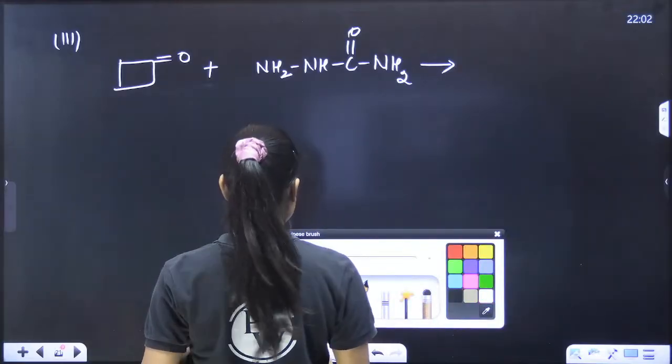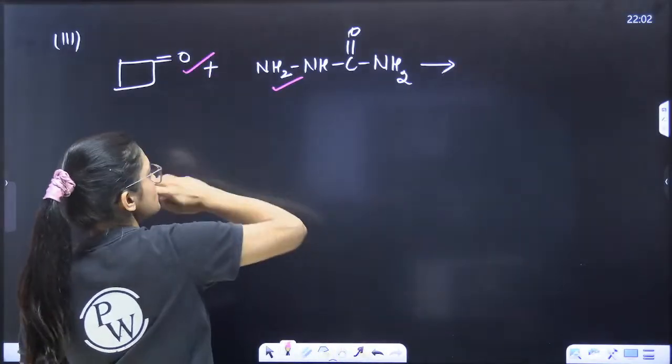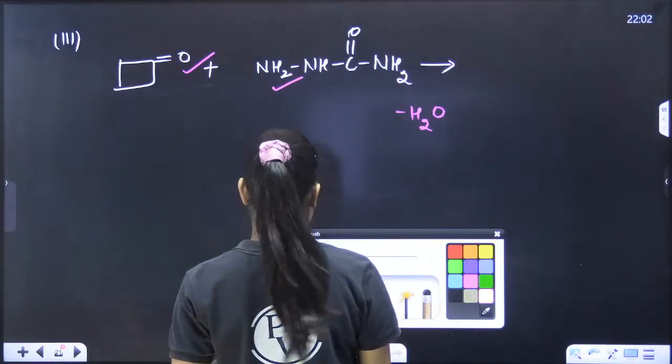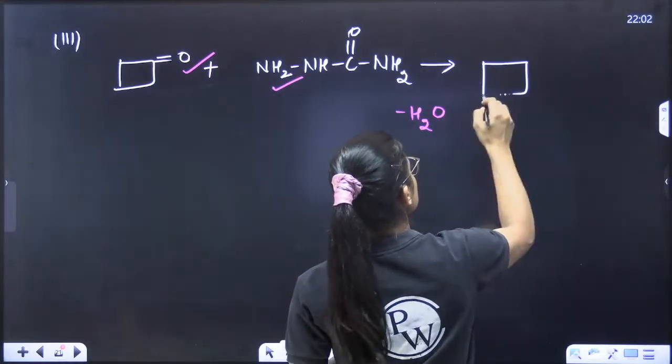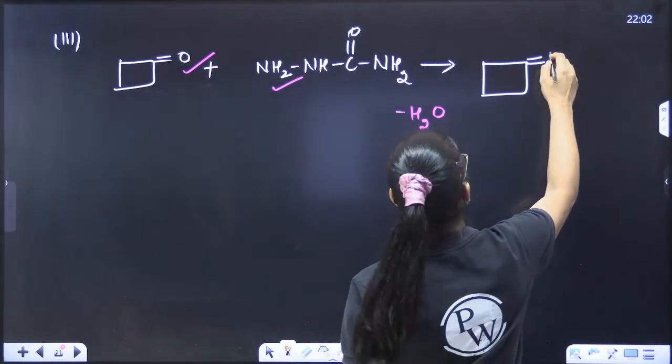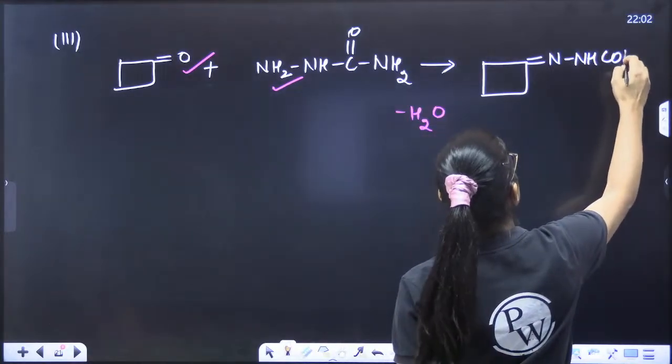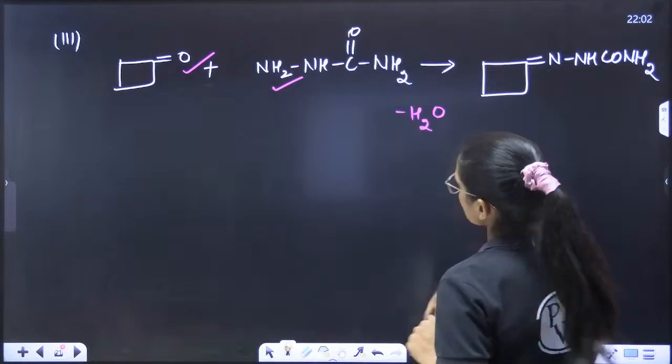So H2O will be removed, H2 from here, oxygen from here. Double bond N, single bond NH, CO, NH2. Right?